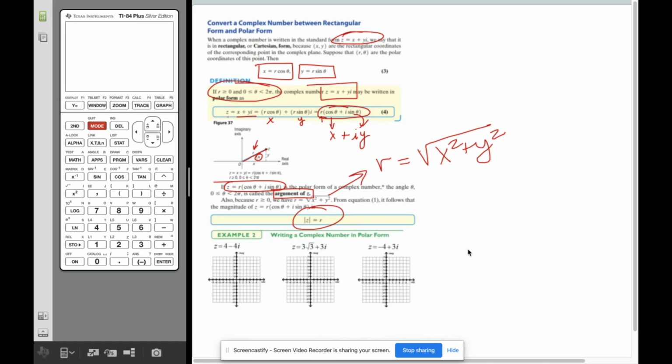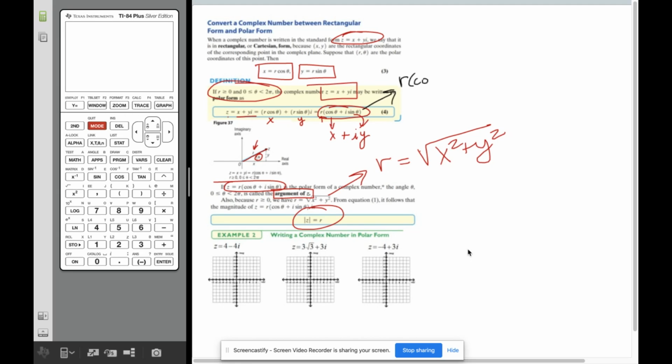All right, so let's go ahead. We'll start with 4 minus 4i. Oh, and one other thing also, once in a while, you will see it written like this as a shorthand.